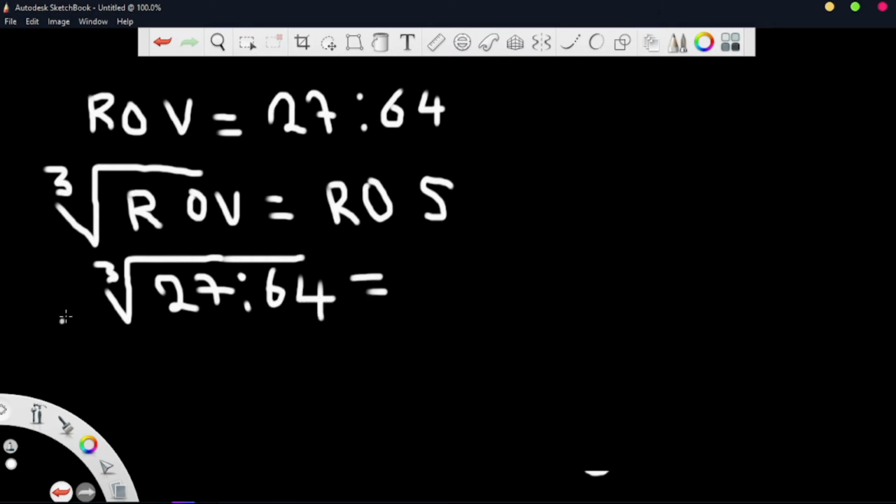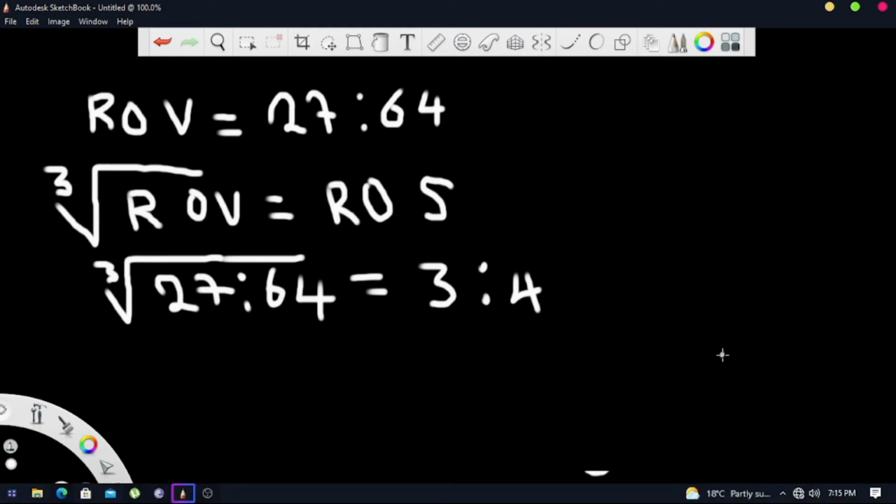If I find my cube root of 27, I know that my cube root of 27 is 3. My cube root of 64 is 4. And if your answers aren't perfect cube roots, you can divide them to their simplest, until you have two numbers that both have cube roots.